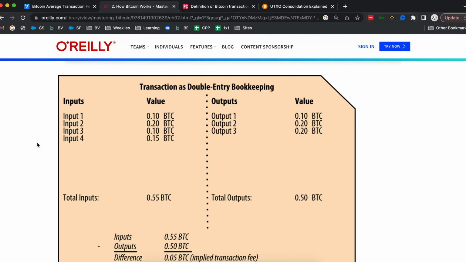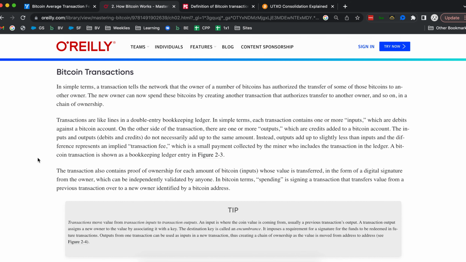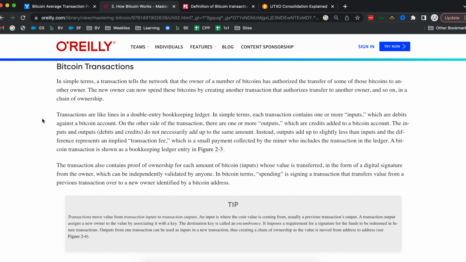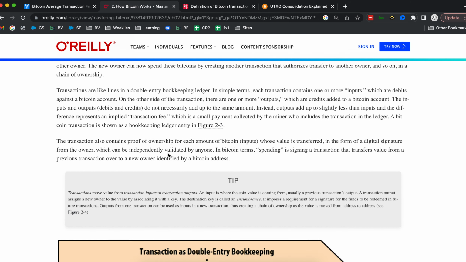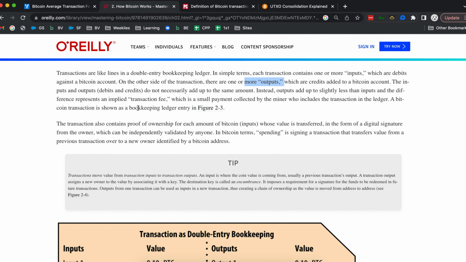So, why is this important? Well, you have to understand how the UTXO model works. In the Mastering Bitcoin book, this is highlighted very simply. Transactions are like lines in a double entry bookkeeping ledger. On one side, you have inputs, which are like debits, and on the other side, you have outputs, which are credits.